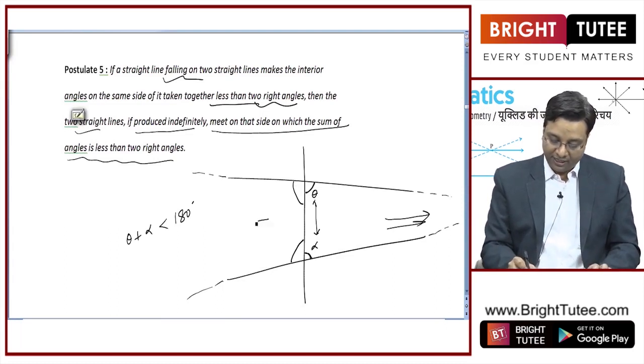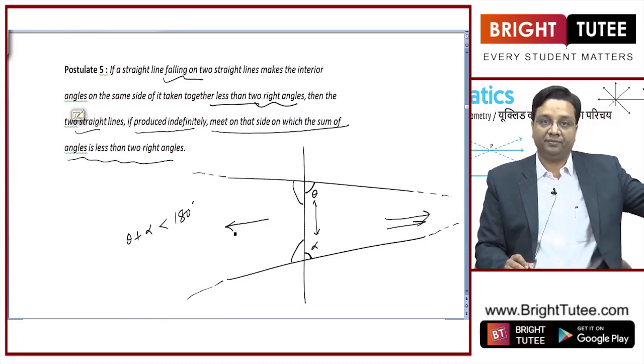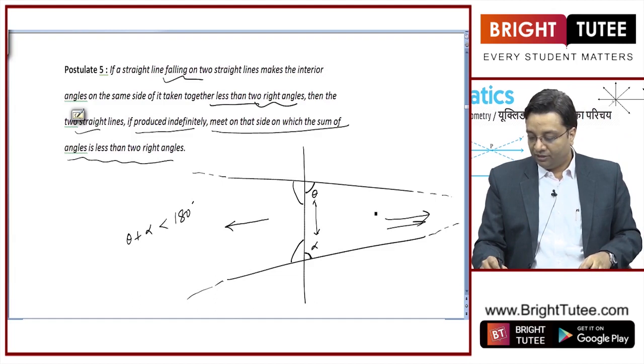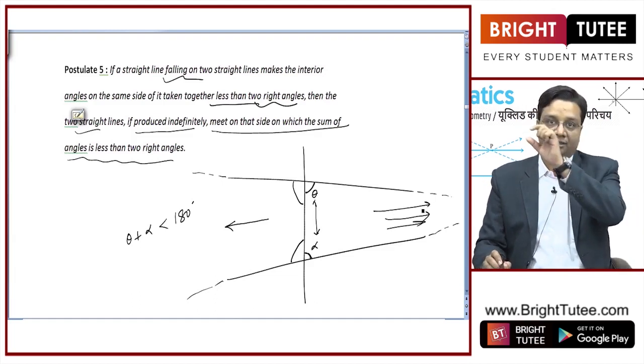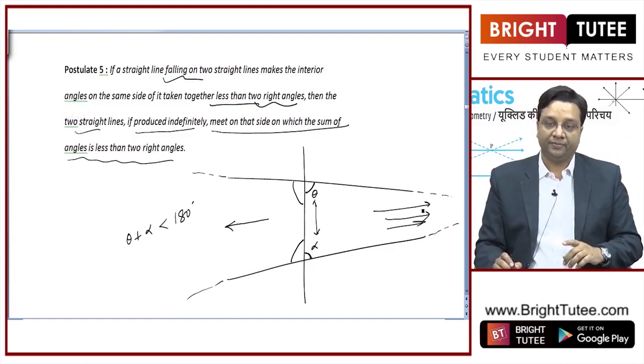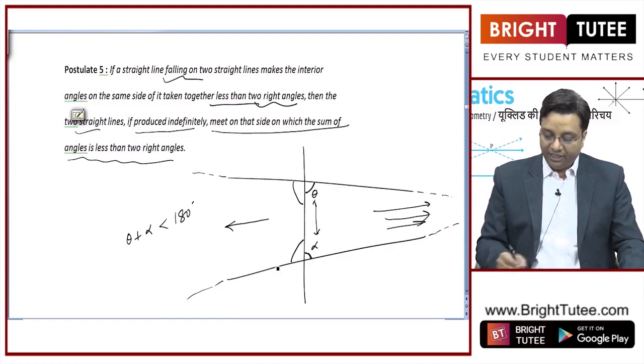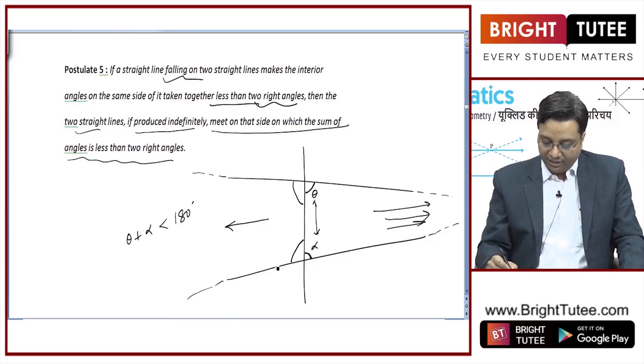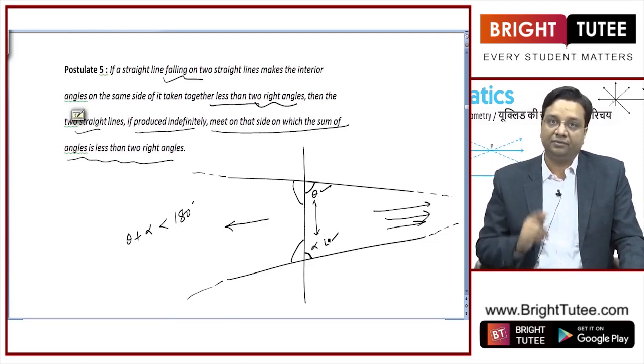So when the lines are produced on this side, they will never meet, right, because their gap is increasing. When they are going on this side, their gap is decreasing. So after a point they will meet each other, right. So they will meet on the side where the sum of these angles is less than 180.